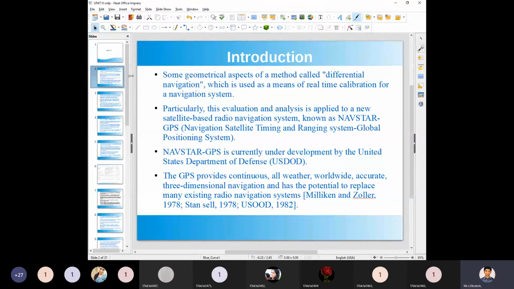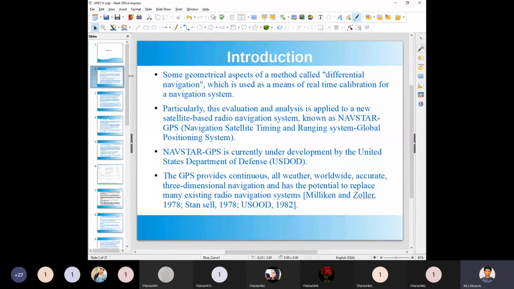The Global Positioning System will provide continuous, all-weather, worldwide information, accurately, and will generate three-dimensional navigation in the x, y, z directions.